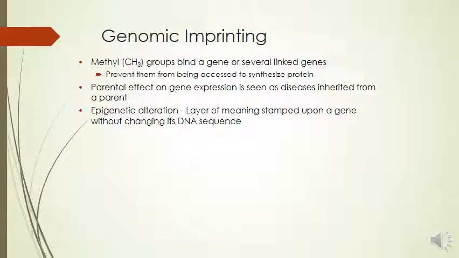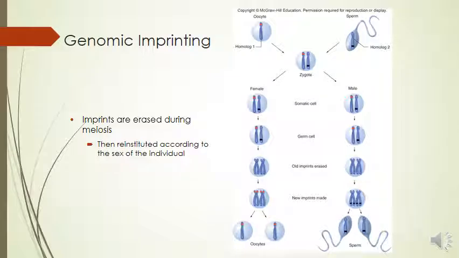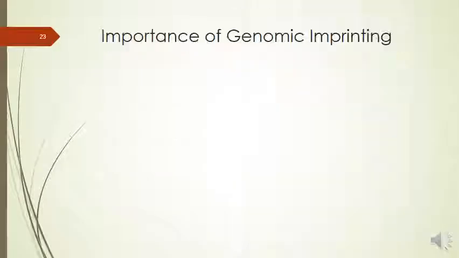Epigenetic alteration is a layer of meaning stamped upon a gene without changing its DNA sequence. In looking at this diagram of genomic imprinting, we find that the imprints are erased during meiosis. Then they are reinstituted according to the sex of the individual.